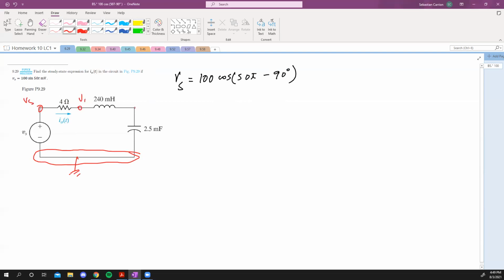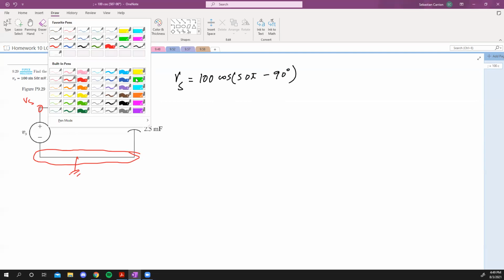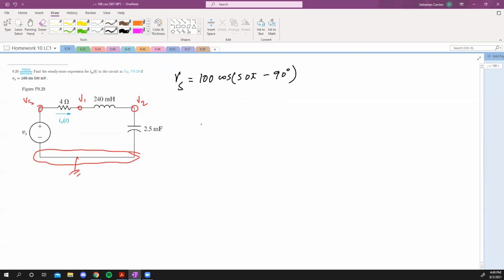Vs, call this V1, V2, right? So we can go ahead with our inductance, L. It would be 240 times 10 to the negative 3 times 50 J, and if you plug that into a calculator, it's 12J.